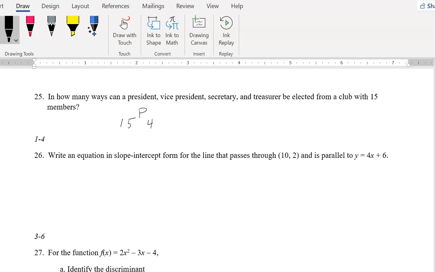So let's go to our calculator and calculate this. 15 P 4, and that ends up being 32,760. Oh, wrote it in the wrong place.